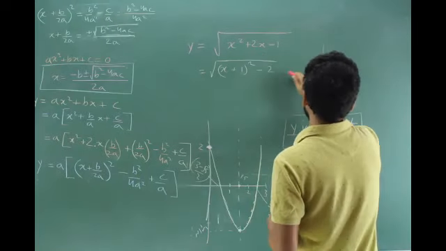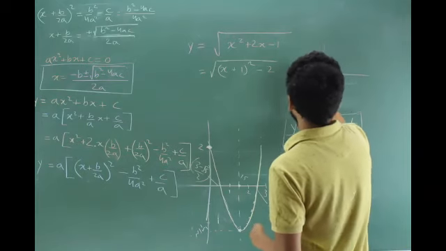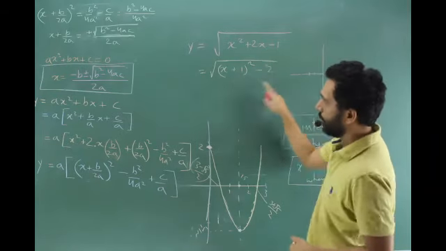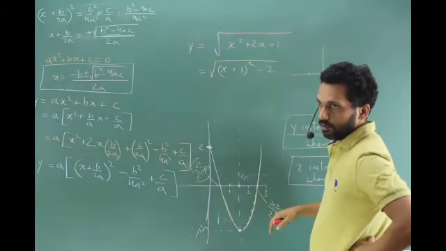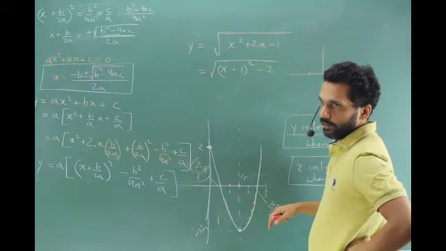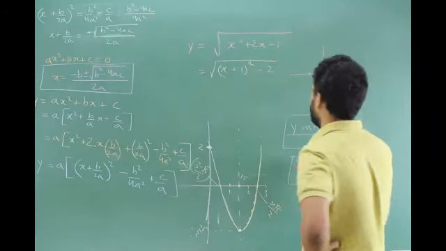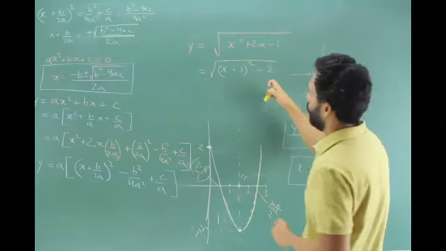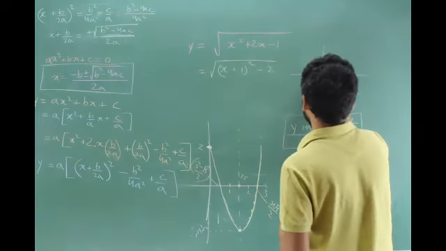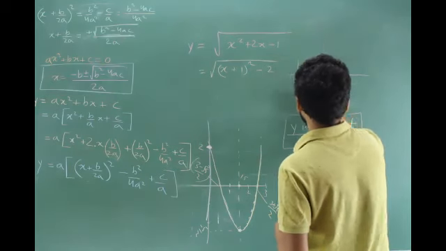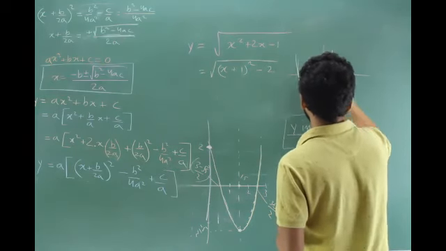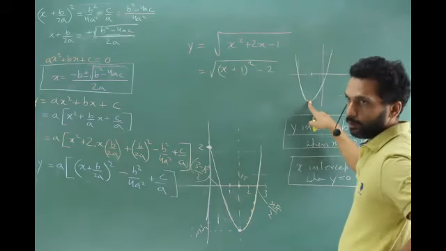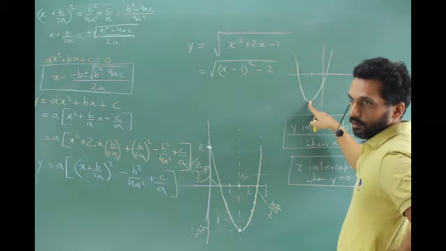This graph was shifted 1 unit behind and dropped 2 units down, right? So that yellow graph was something like this. Where was it cutting the y-axis? So the yellow graph is something like this, right? Get the point?